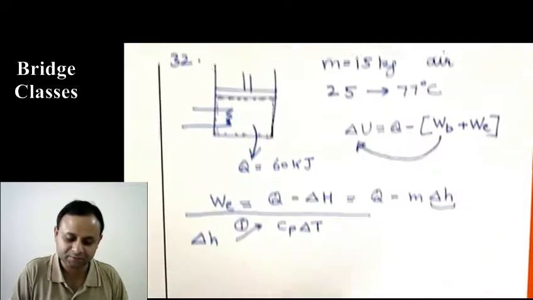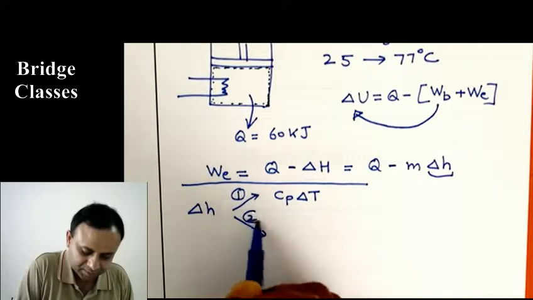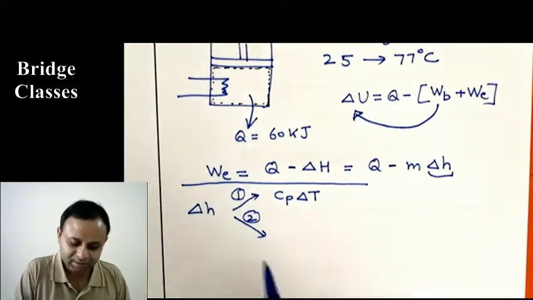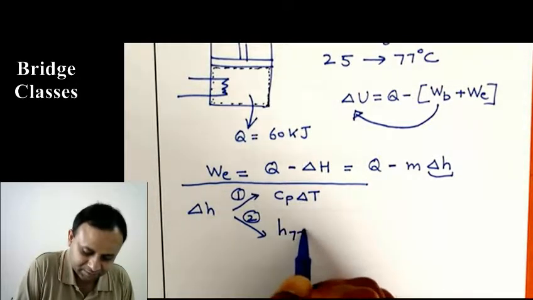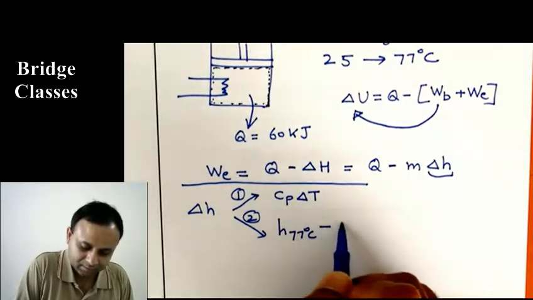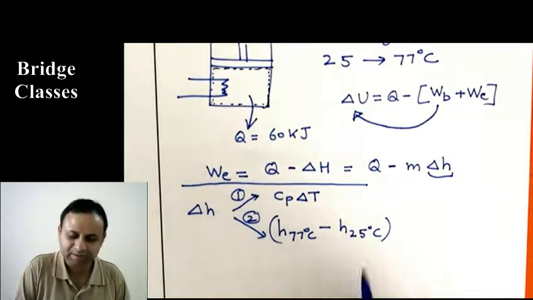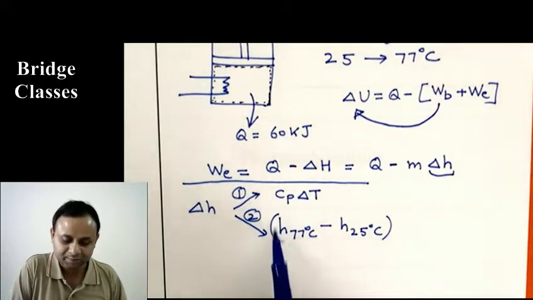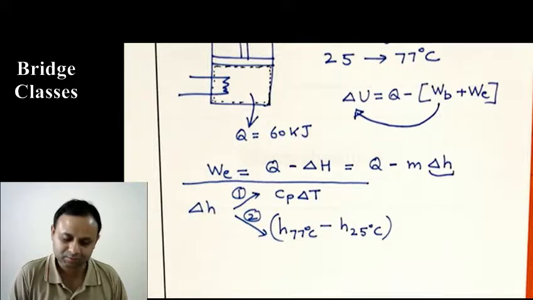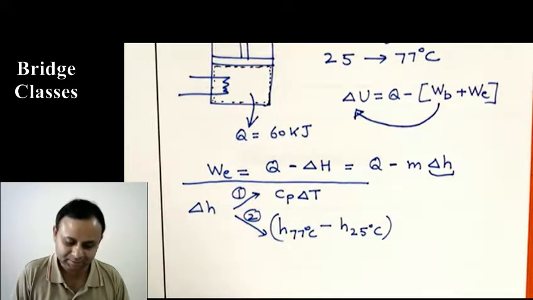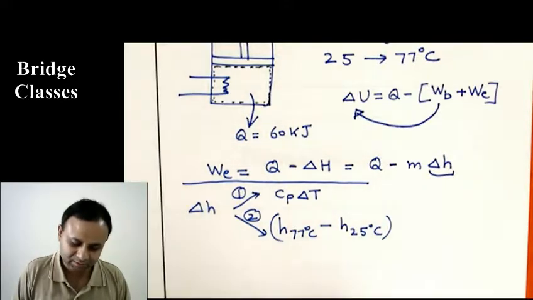We can read the value of Cp, and it will be Cp delta T. Or the other option is from the table, we can read the value of enthalpy at 77 degrees C and at 25 degrees C, and just take the difference of those enthalpy values. Actually, it does not matter which one you use, you are going to get an answer which is very close. Both will give you a very similar answer. So let me stick to taking a value of Cp and substituting it here.